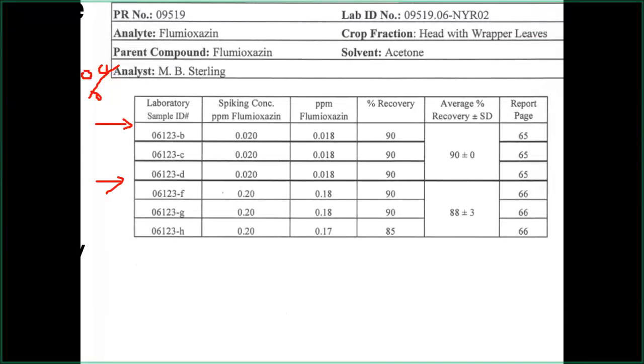So you do the extraction. In this case, of course, recovery is high, it's 90%. And you will see the control is not here. This is a different lab, a New York lab. At Cornell University they did this, which is different from my lab. I will show you my lab.